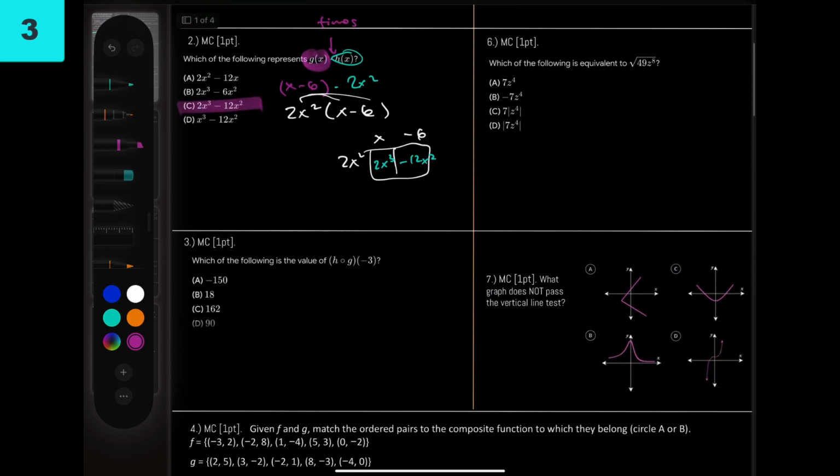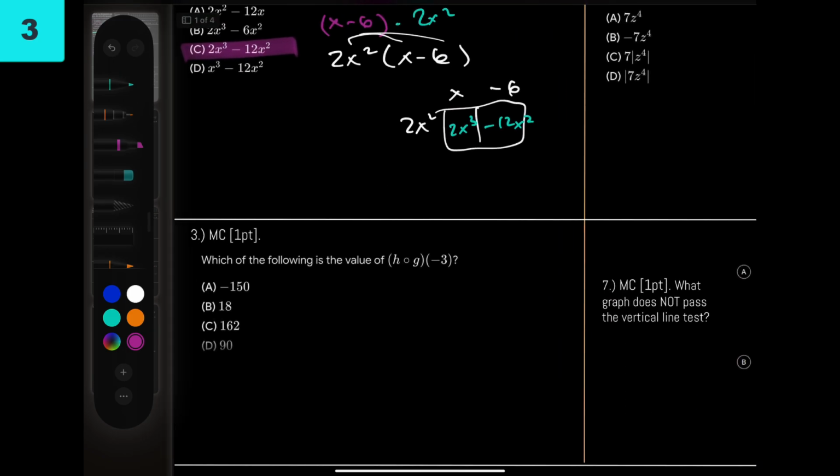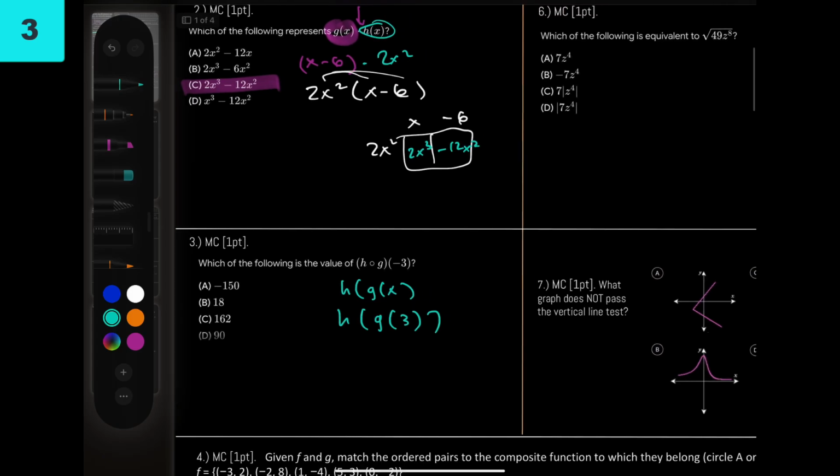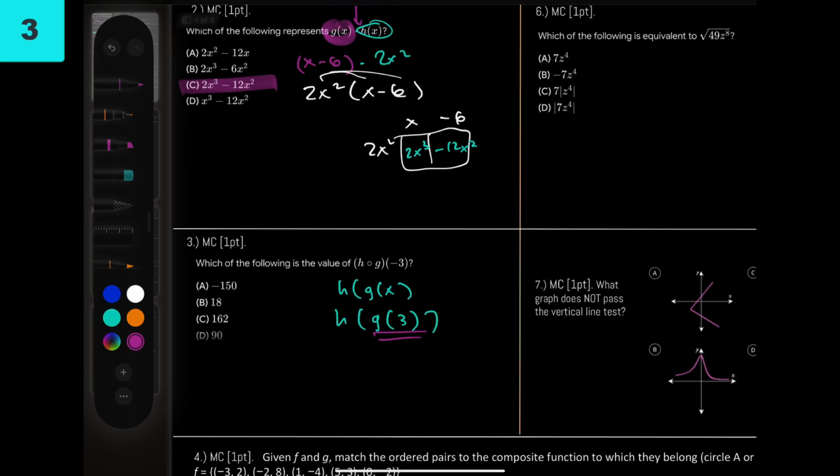Okay, question number 3 is a composition function problem, so you can rewrite it like this. And really what they want you to do is put in g of -3 first. So g of -3, and then I have x minus 6.